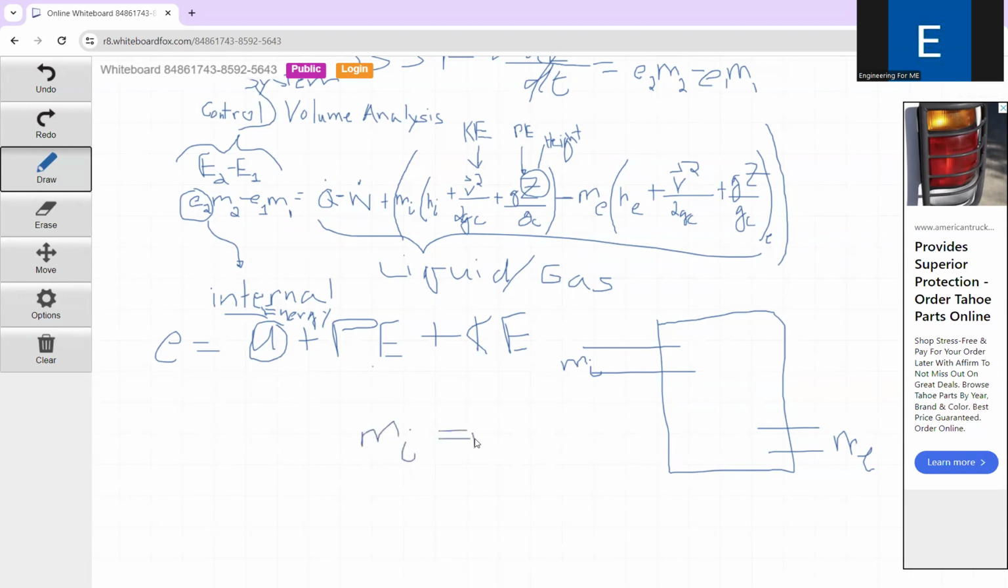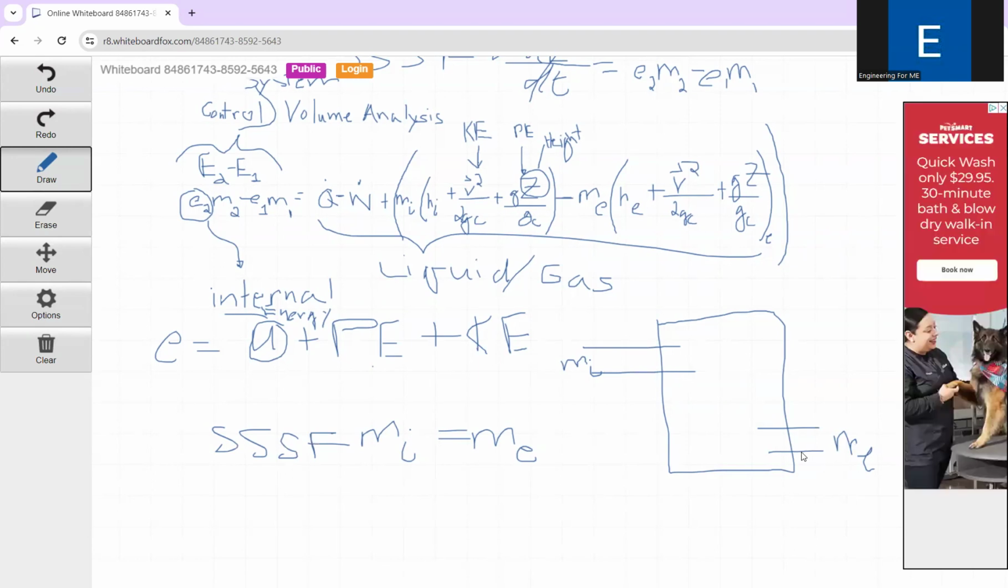And this is what we call a steady state problem, because the rate at which this liquid is going into the system is the same rate that it's leaving the system. And therefore, the amount initial is equal to the amount final that's in the system. It's water. That makes sense? So they equal each other.